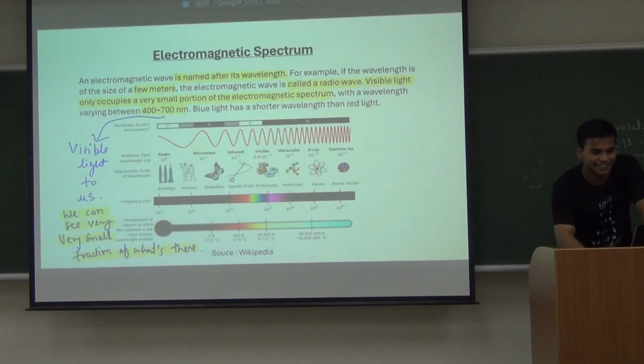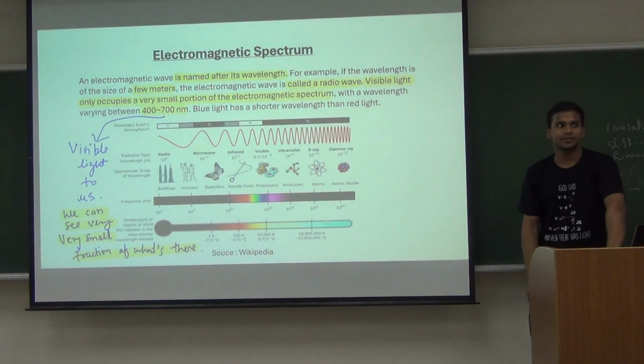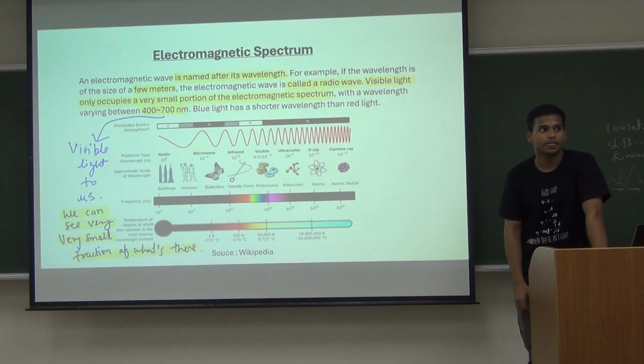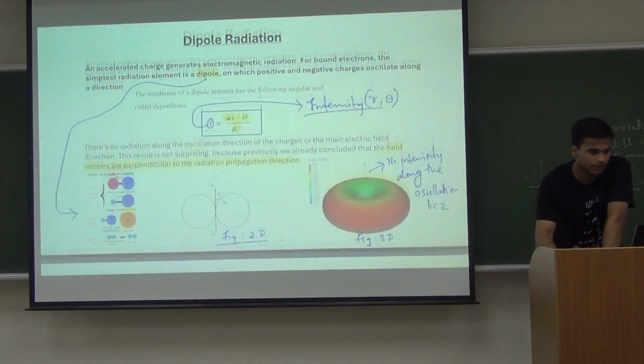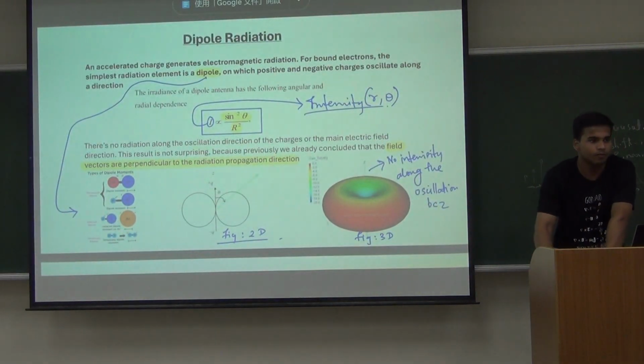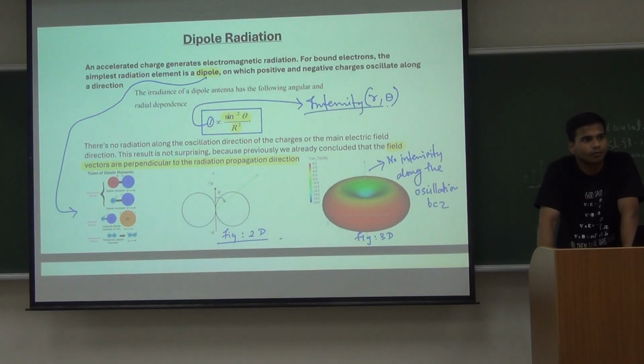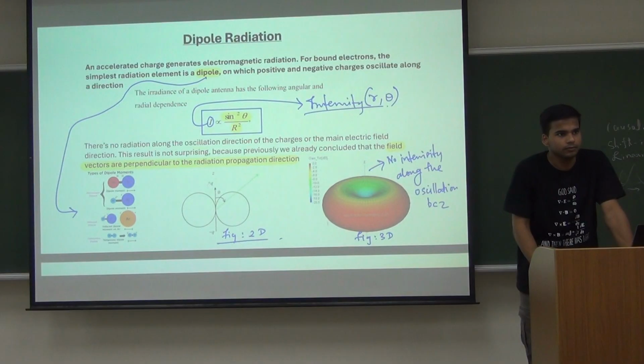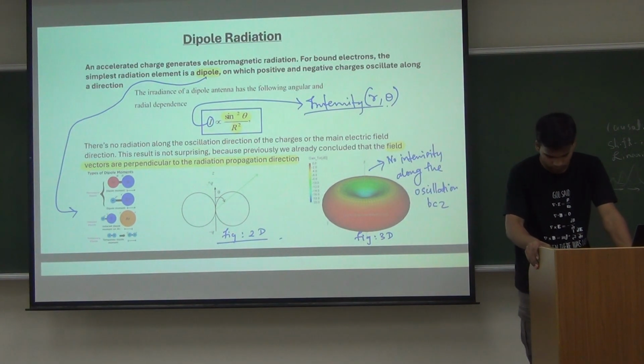Any question about this? I especially want to emphasize a little bit on the last page, the dipole radiation pattern. Let me give you one antenna like this. This is one antenna, and you have charge oscillating, you have current oscillating on this rod.